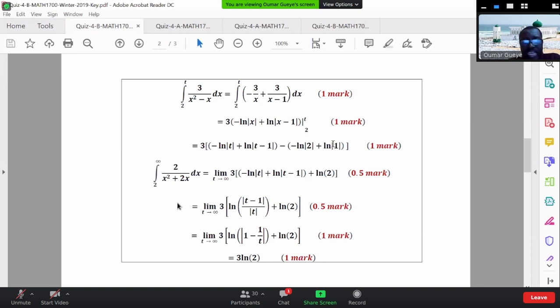And we use exactly what we did in the previous case to get the limit. And we'll get 3 ln of 2. Any question?